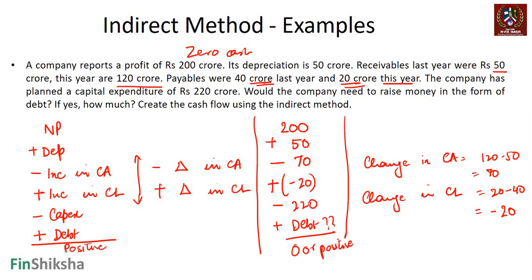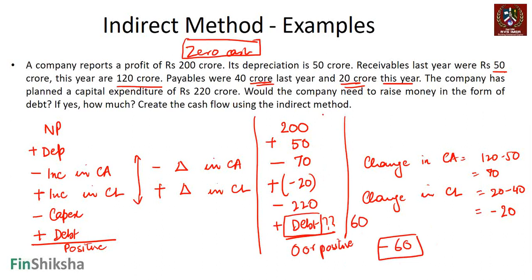And 160 minus 220 is minus 60. So if the company raises no debt, then they will end with minus 60 as cash flow. Assuming they started with zero cash, this situation is not possible. So the debt raised has to be at least 60 crores. Correct? The debt raised has to be 60 crores.